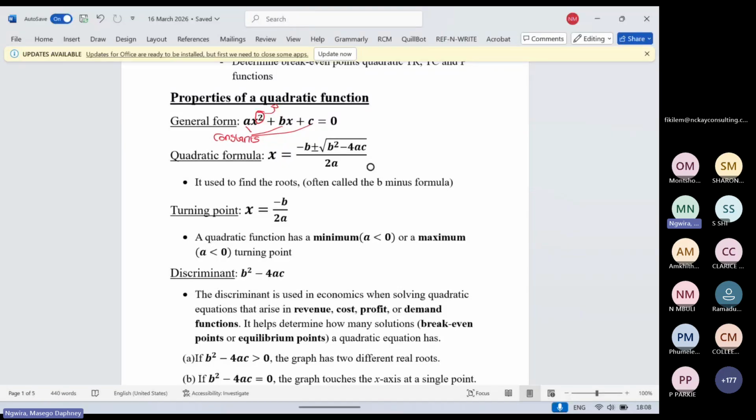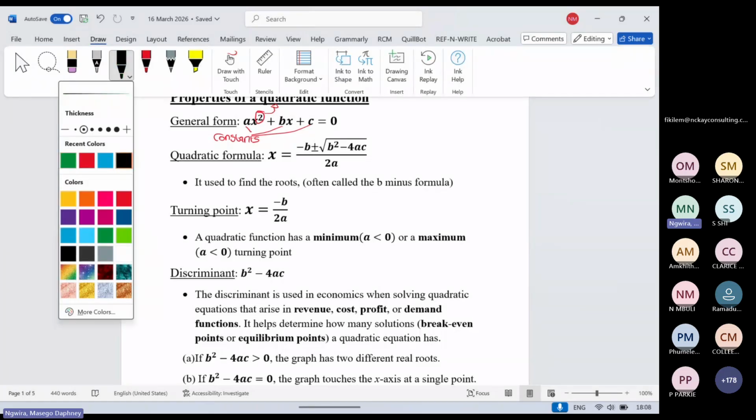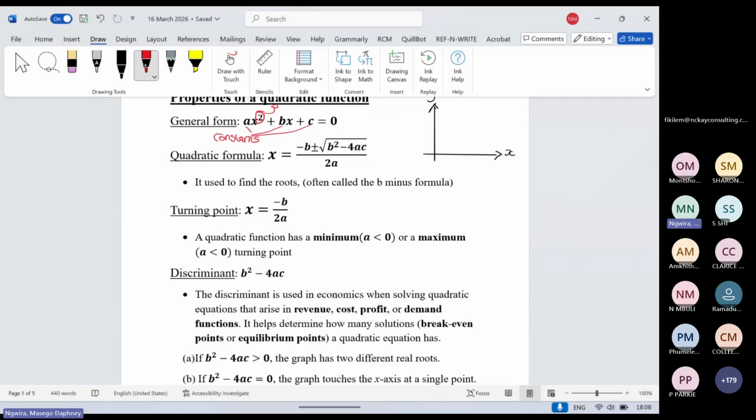When you're talking about the quadratic function, your graph is going to look like this, just as an example. Let's say our variables are x and y. If this is your Cartesian plane, with x and y, the quadratic function looks like this.